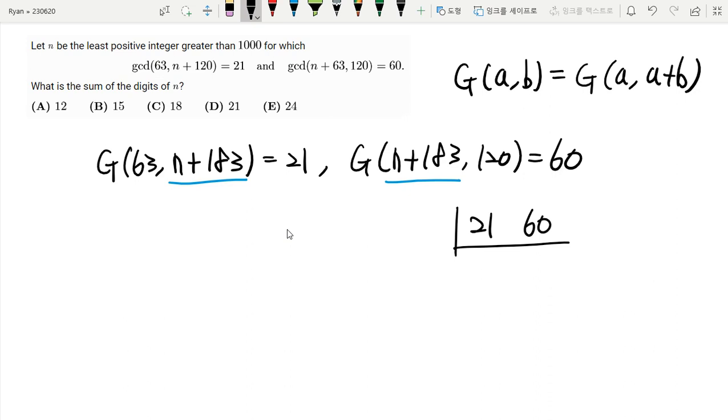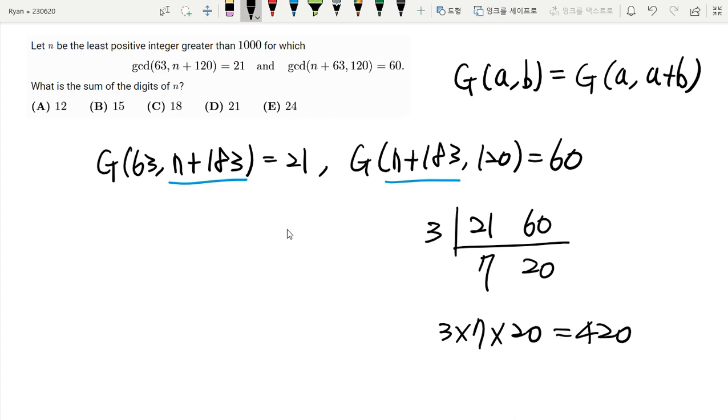Now which number can you use to divide both numbers? 3. Yeah, that's it. And then when you multiply all these three numbers, the LCM of 21 and 60 is 420, right? 21 times 20.